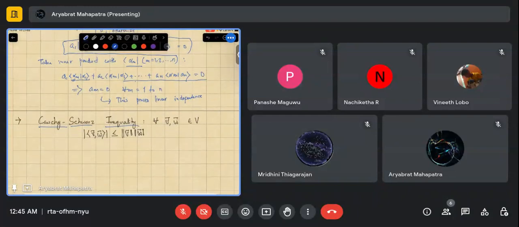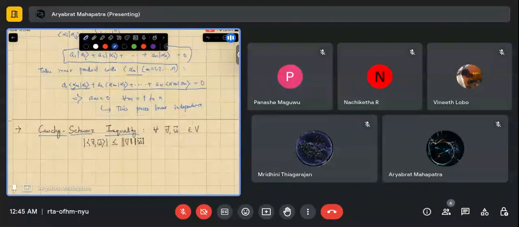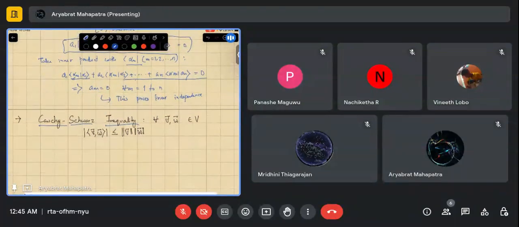So, for the sake of recalling, the statement of the inequality theorem goes like this.